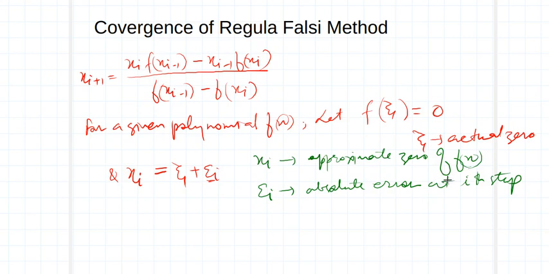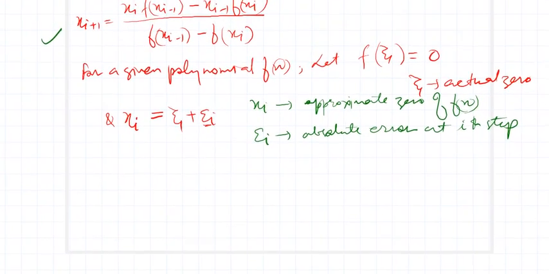So using this equation, I can write down ε_{i+1}, which means the error at the next step. It also looks like this.